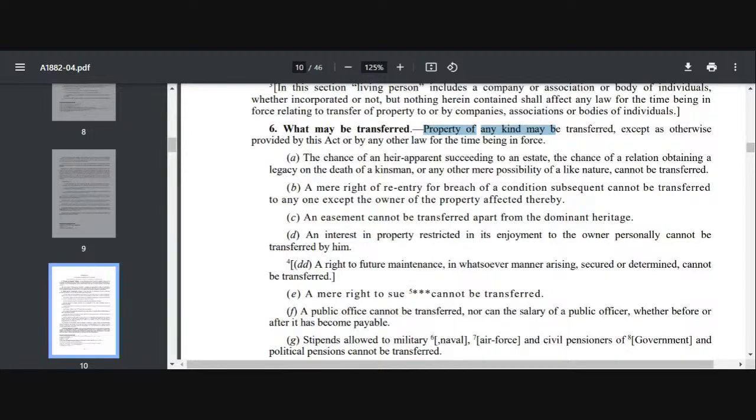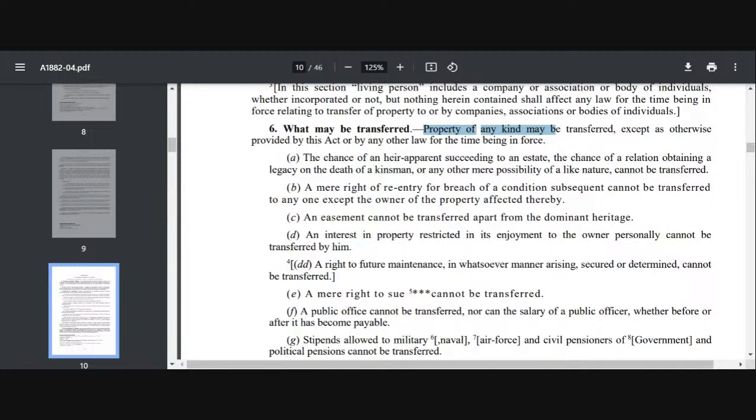So chance of an heir apparent, chance of any relation who has a chance of obtaining a legacy after the death of a kinsman, or any mere possibility of like nature. जहाँ पे आप heir apparent या फिर खुद को spes successionis मान रहे हो, जहाँ पे आप सोच रहे हो कि मेरे को मिल सकता है बट अभी आप बने नहीं हो ओनर, then you cannot transfer those things.